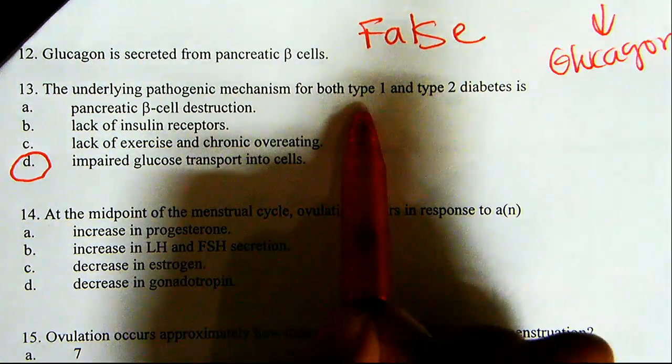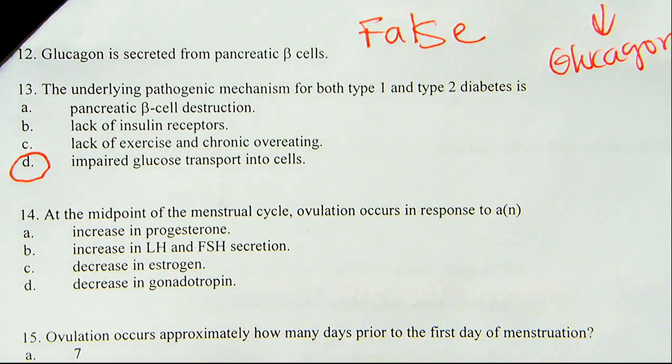So type 1, we have low insulin levels. Type 2, we have normal insulin levels, but their receptors on their cell surface are not recognizing insulin, so then you can't get glucose transport.